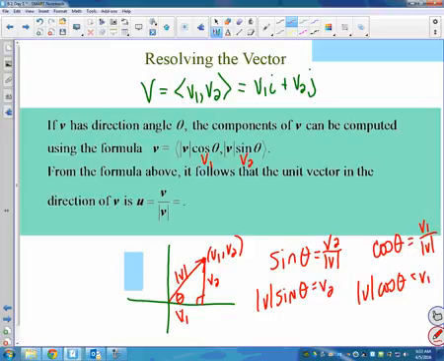But if its magnitude is 1, then it's just what we've known all along about x and y. It's just cosine and sine, just x and y on the unit circle. That's why we like the unit vector, because it corresponds directly with our unit circle.